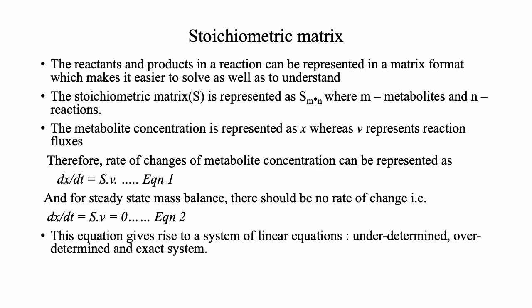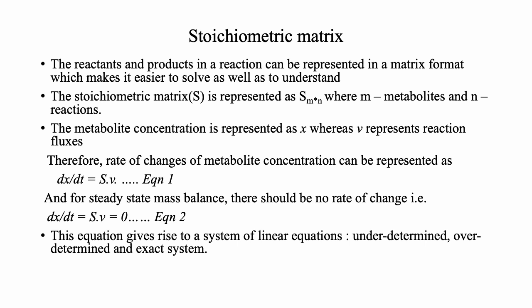The stoichiometric matrix S is represented as S, M cross N, where M is the metabolites and N is the reactions. The metabolite concentration is represented as X, whereas V represents the reaction fluxes. Therefore, the rate of change of metabolite concentration can be represented as dX/dt equals S times V, which is equation 1.